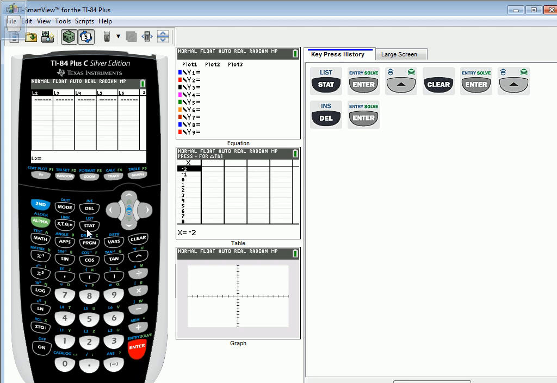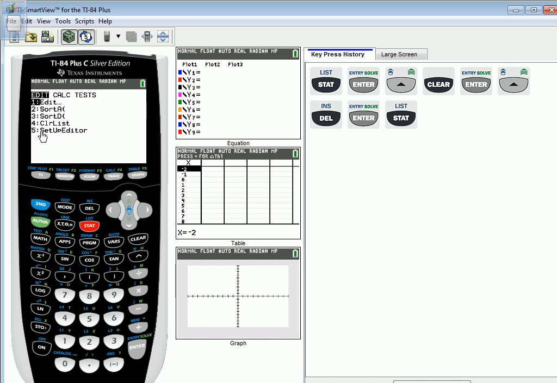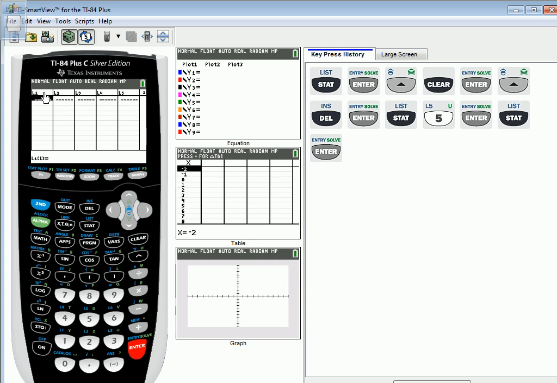To get a column back, you hit the stat button and choice 5. Choice 5 and enter. And then you go back into stat and you'll see that L1 is back. So if you open up your calculator and you don't have what you want there, do the setup editor and you'll get back all your columns.